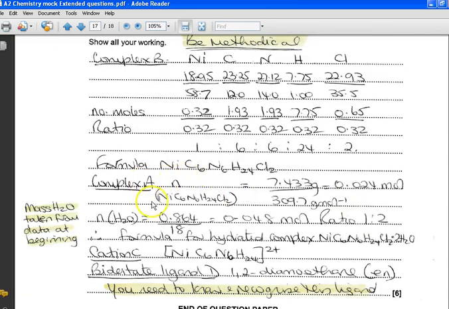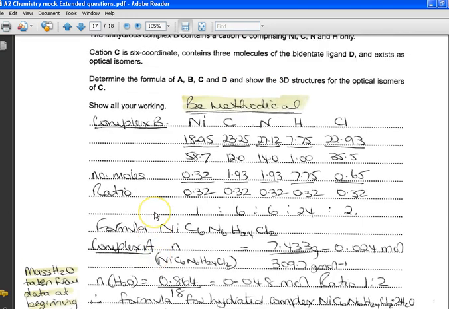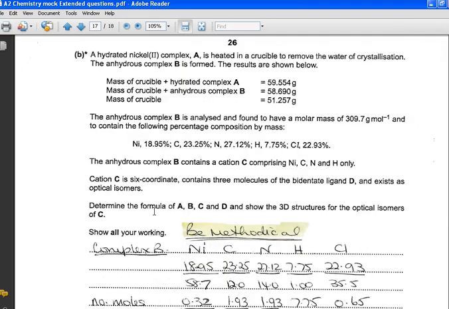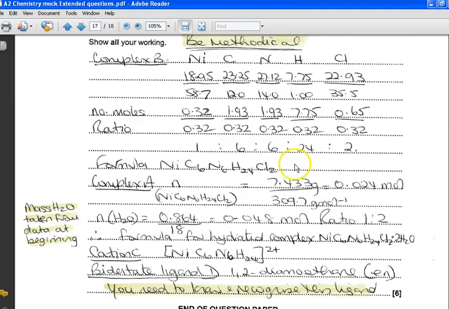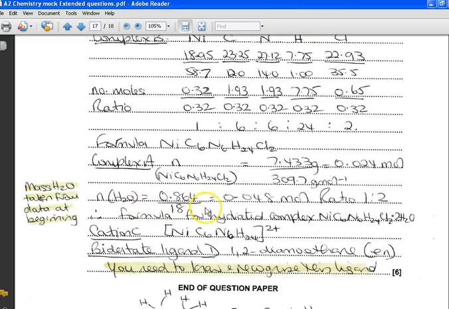Then I looked for complex A, so you need to recognise complex A obviously is the hydrated form where you're going to get the information. It's going to come from up here, where you're heating complex A and you're left with complex B, so you can work out how much water has come off our hydrated complex, because this is the anhydrous formula.